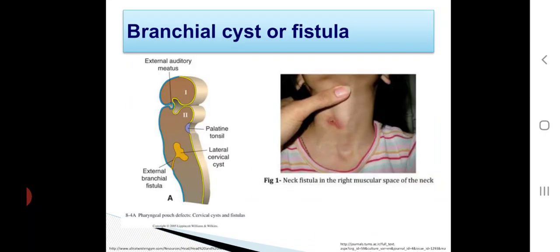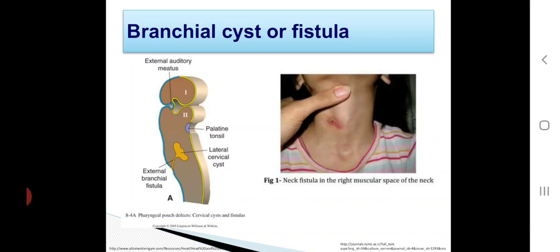So this is mainly what happens in the development of the pharyngeal apparatus. Any abnormality, if you see a branchial sinus or branchial cyst or fistula, we told the cervical sinus develops when the second arch overgrows and covers the pharyngeal clefts. That gap will be called the cervical sinus.